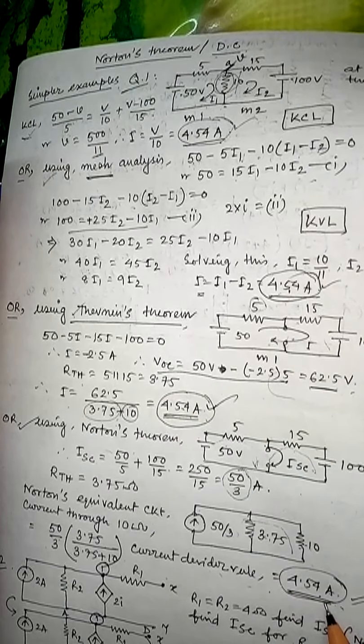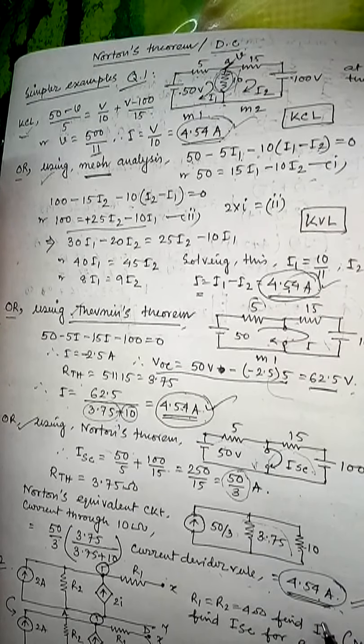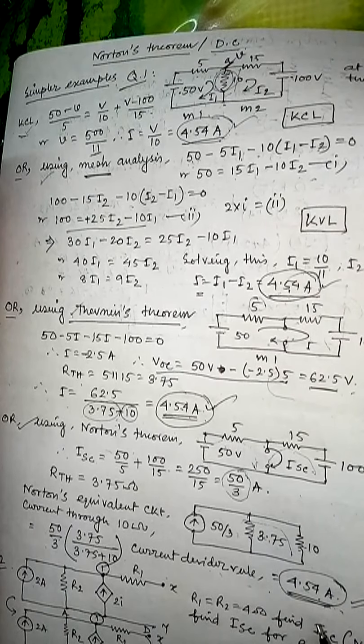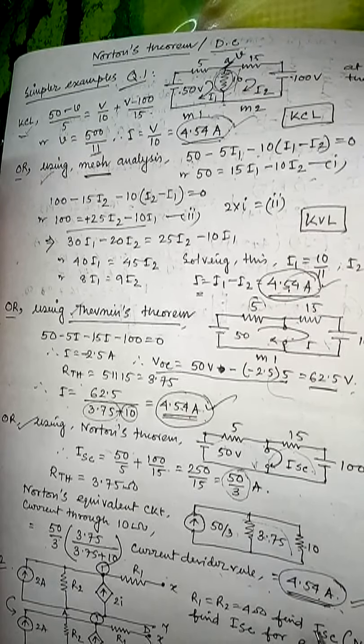If you are getting different results by applying different approaches to a particular circuit analysis, DC or AC, whatever it may be, then obviously your approaches are wrong, or one or two approaches may be wrong, maybe one approach is right. So you have to find it by yourself.